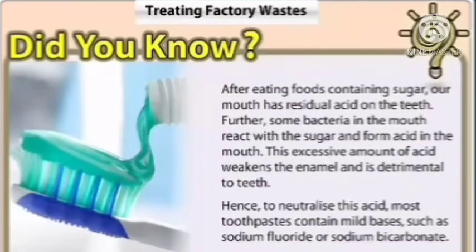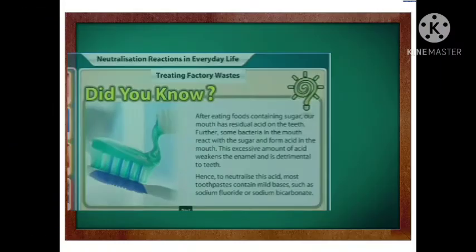Further, some bacteria in the mouth react with the sugar and form acid. This excessive acid weakens the enamel and is detrimental to the teeth. Hence, to neutralize this acid, most toothpastes contain mild bases such as sodium fluoride or sodium bicarbonate, which neutralize the acid in the mouth.